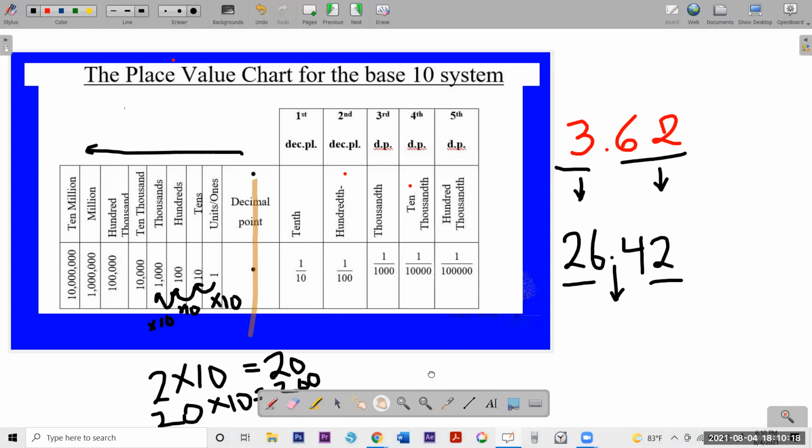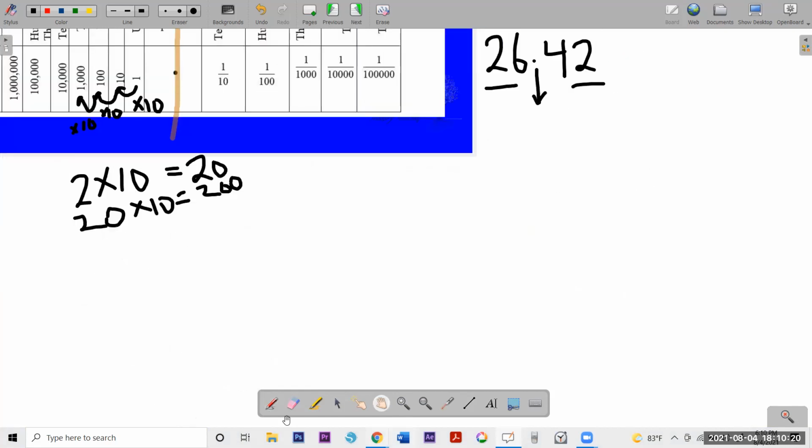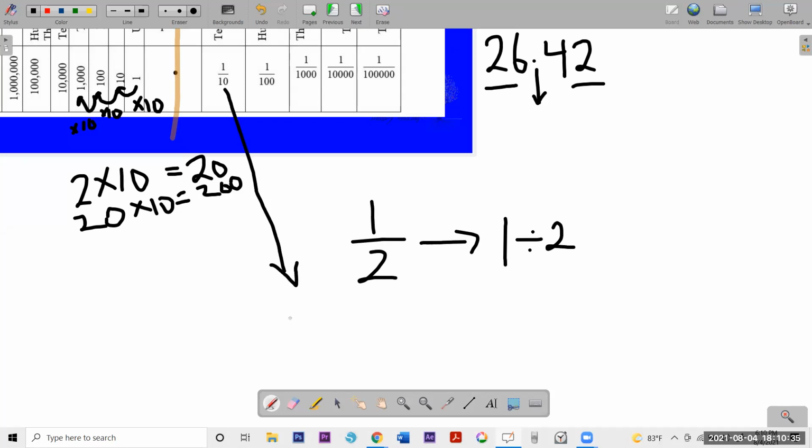When you get a fraction, if I tell you 1 over 2, this means 1 divided by 2. So let's take this value here, 1 over 10. 1 over 10 really means 1 divided by 10.